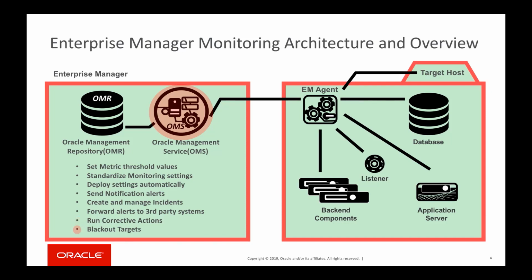And lastly, if your IT assets are in planned downtime and you do not want to have notifications sent in such an event, you can configure a blackout on those targets to suppress the alerts during the maintenance time. So that was a very high-level Enterprise Manager monitoring overview. Now let's take a closer look at each of these topics in the next few slides.